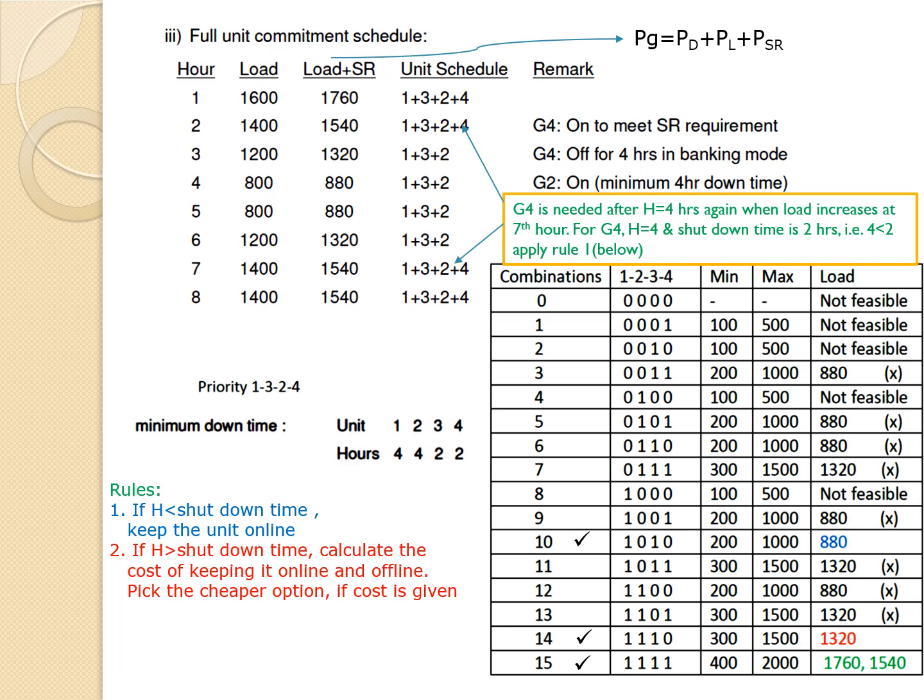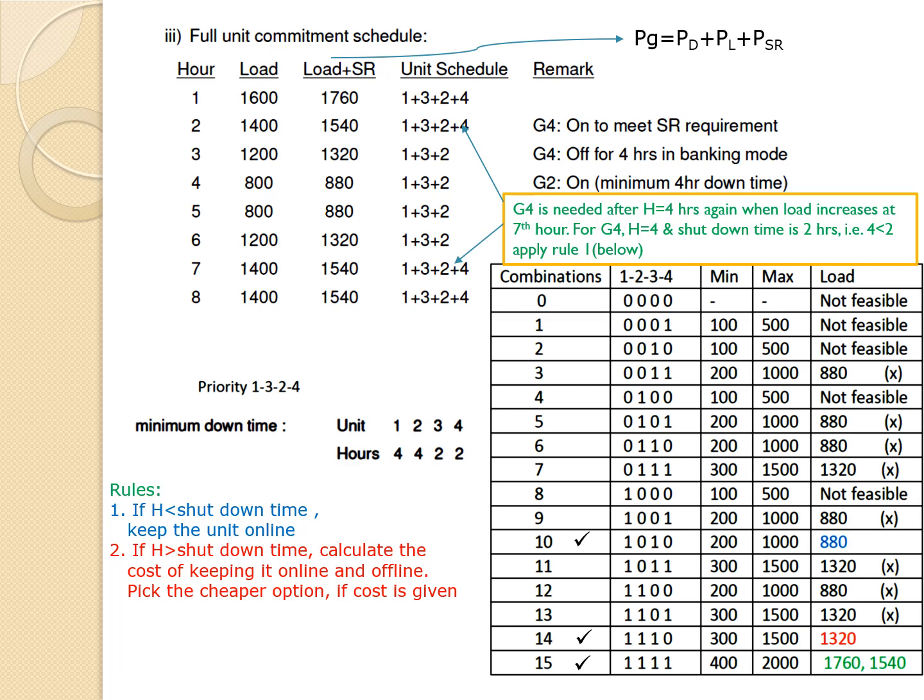Then the next combination again is not feasible because the maximum is only 500 and we don't have such a low load demand in the table. Next is 1000, which means the 880 load demand at hours 4 and 5 can be met. Similarly, in the seventh combination, where we have written 0, 1, 1, 1, units number 2, 3, 4 are in the on state, and the maximum is 1500 megawatt capacity.